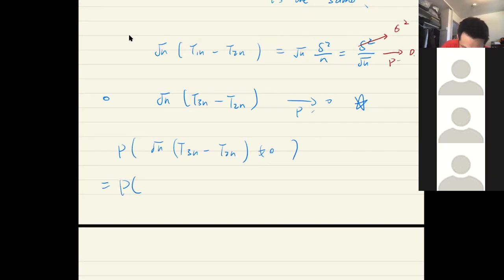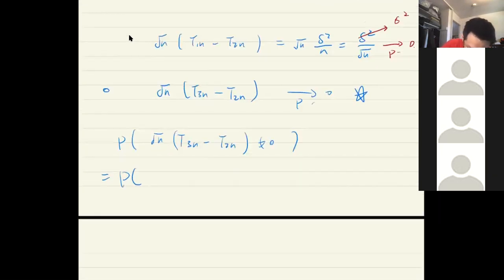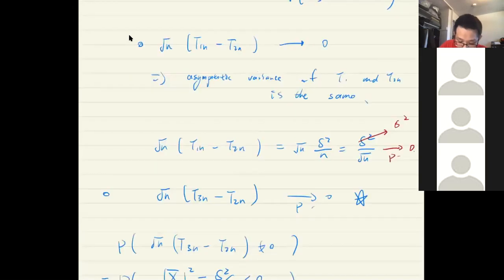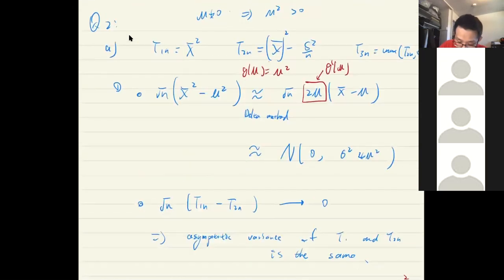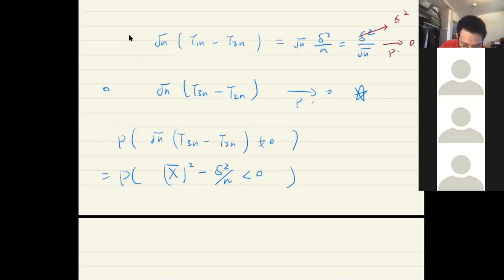This is equal to the event that S bar square minus S square divided by n is smaller than 0. Otherwise T3n equals T2n.